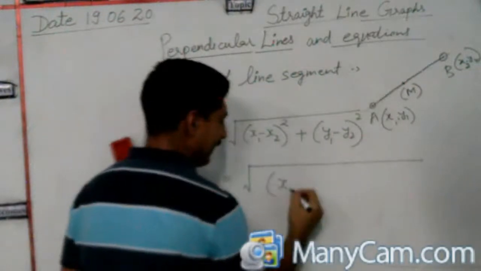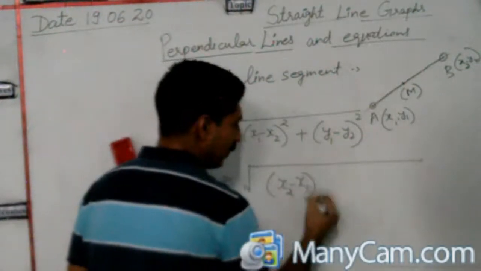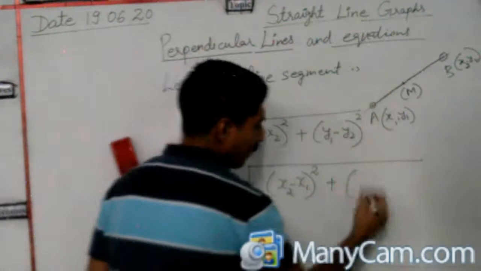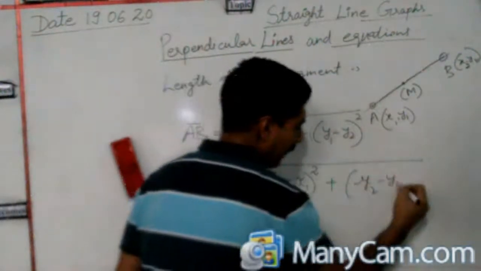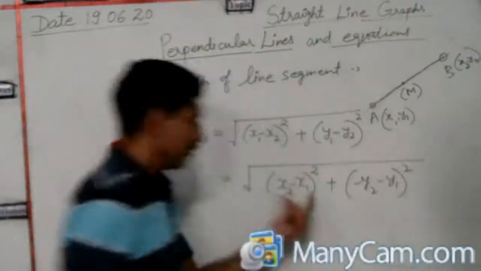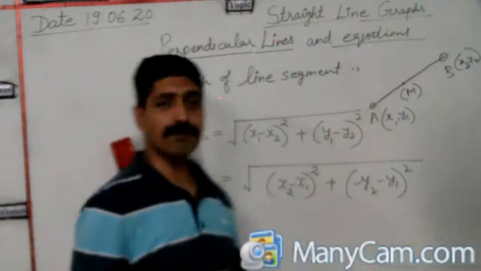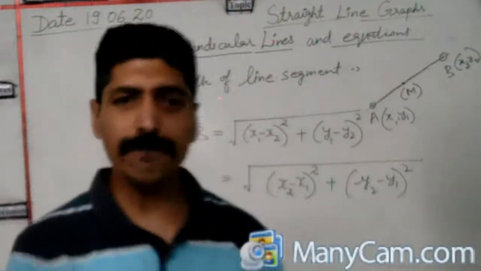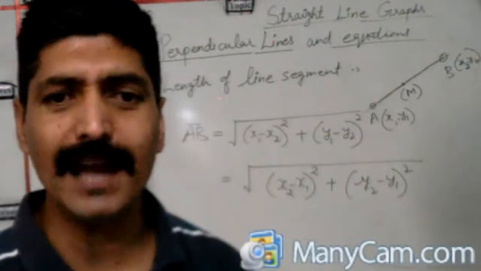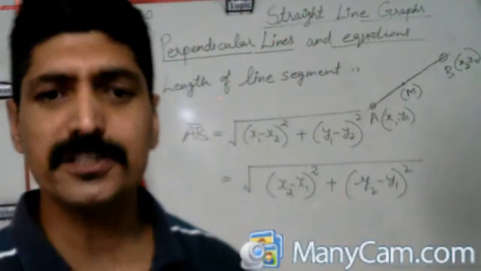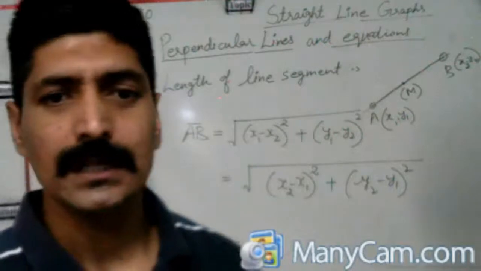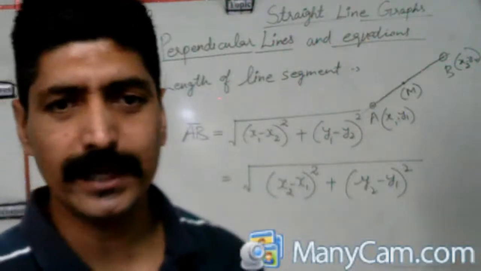We can write x2 minus x1 whole square plus y2 minus y1 whole square. Whether the difference is negative or positive, the square of a negative or positive is always positive. So both ways are correct.